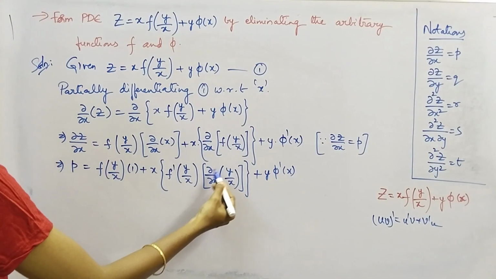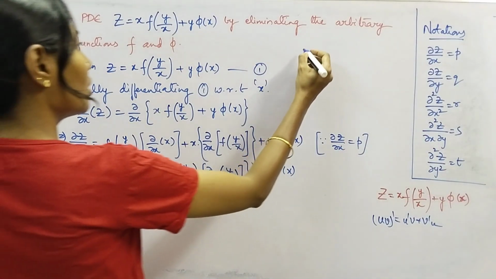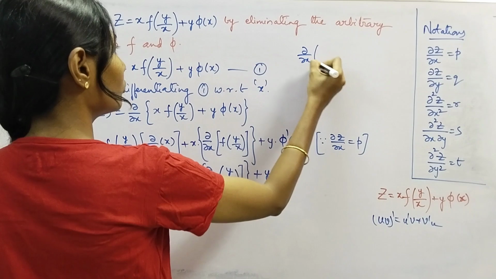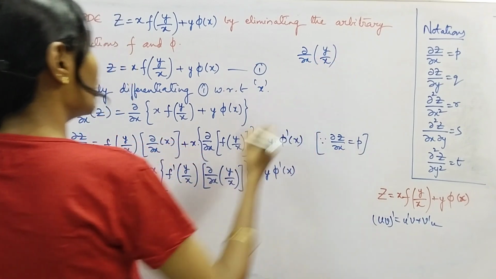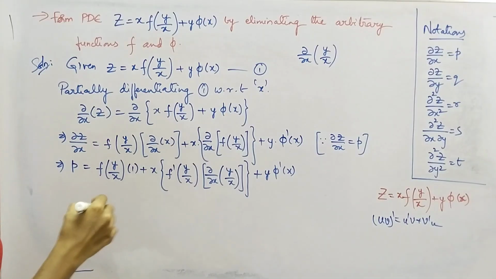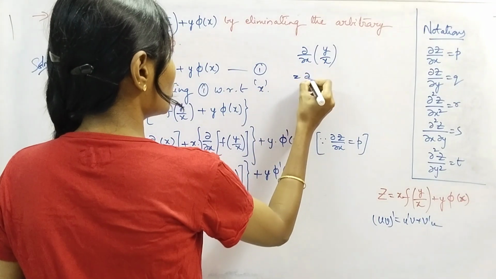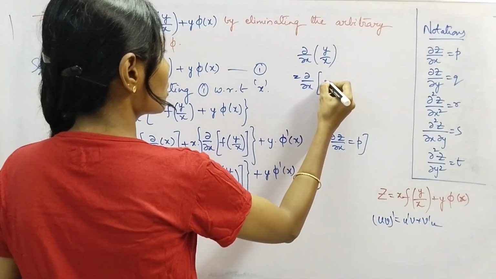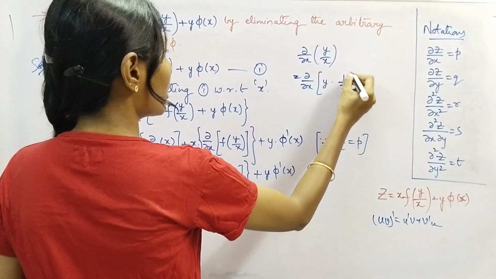Okay, so here you are having dou by dou x of y by x, right? Here we are partially differentiating with respect to x. So we'll treat y as constant, right? So we'll write y by x as y into 1 by x.